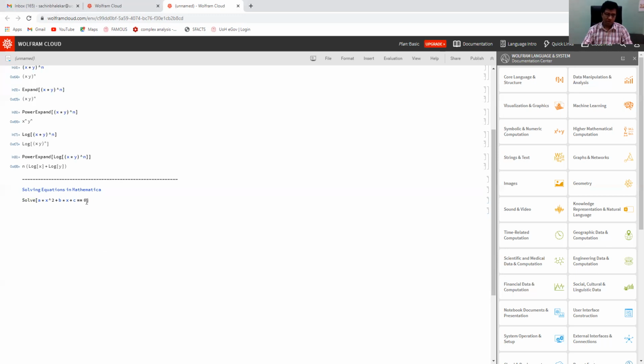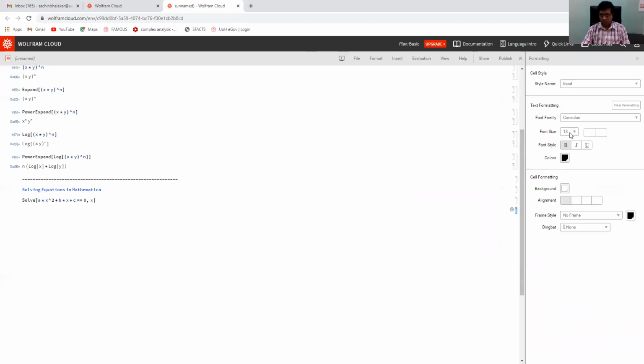So here comma x. What is the general syntax? The general syntax is the command Solve, S is capital, followed by square bracket, then write down the equation, use double equal to, then put comma, and then write the name of the variable.